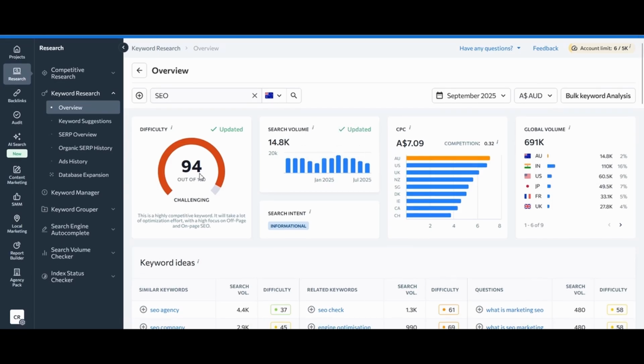In this case, I know that other large companies out there within the market, I just simply cannot compete against with these keywords. So I'm not going to waste my valuable time optimizing for this.